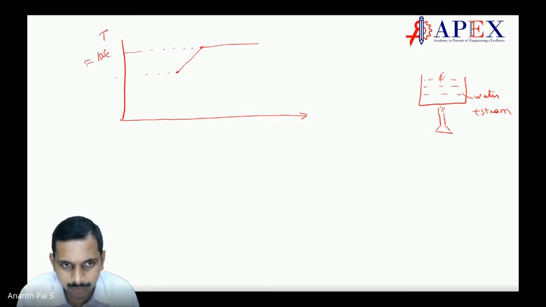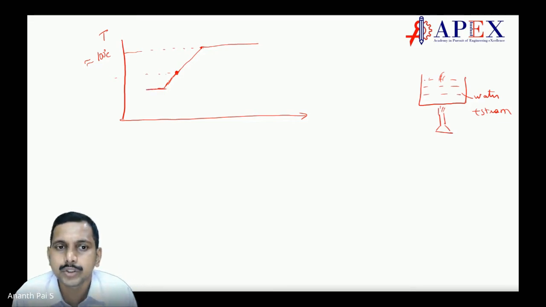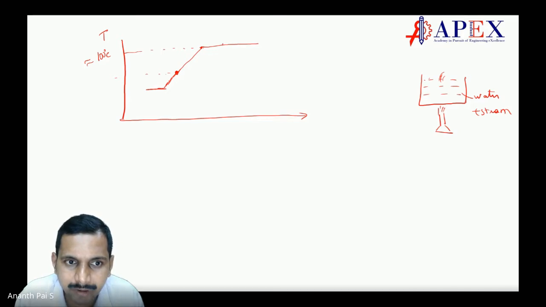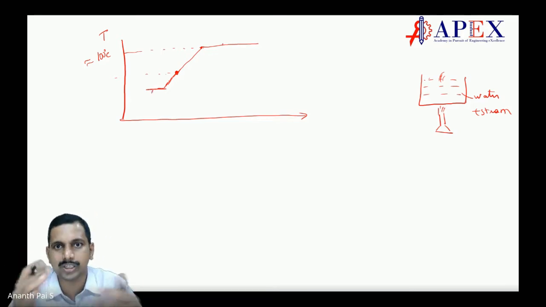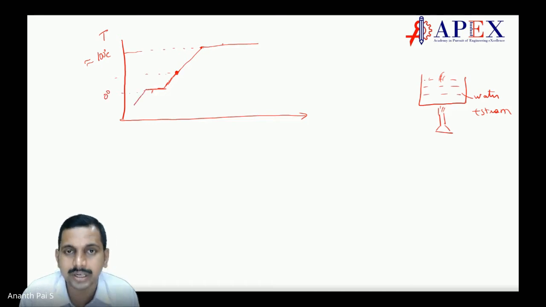Now the same thing happens if you reduce the temperature. When you are removing the heat, it will come down, and when it is getting frozen, it will also become straight. At this straight place, when it is converting into ice and water in equilibrium, that temperature is generally taken as 0 degrees, and afterwards it will reduce.